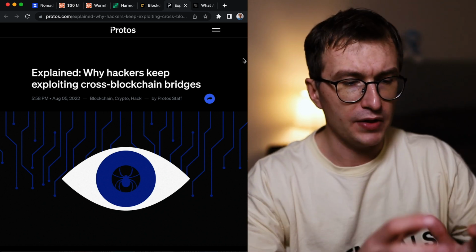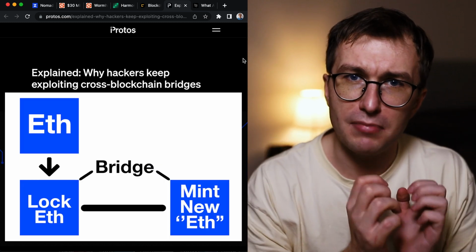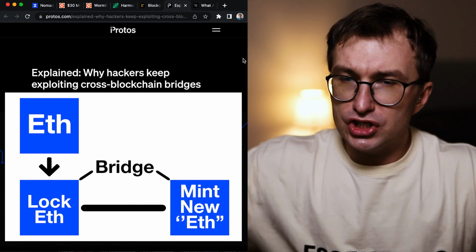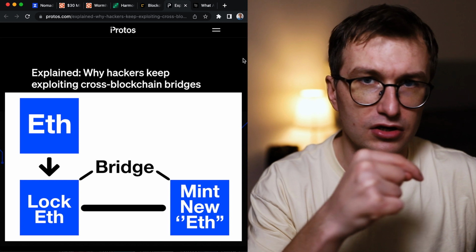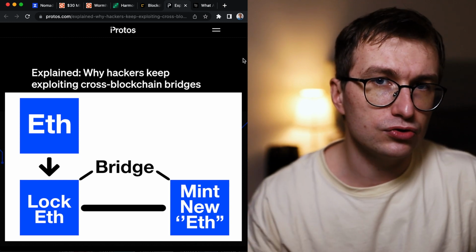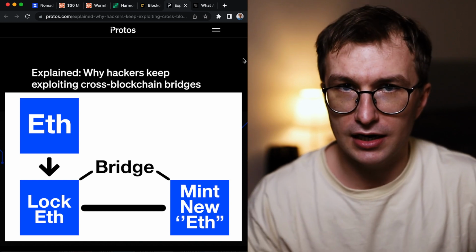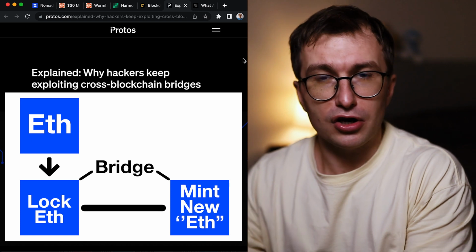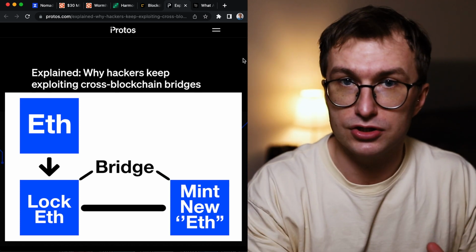What you have to do is take the Ethereum token and wrap it in the smart contract, so it's locked down, and the bridge issues you a new token. This is not the same token as on Ethereum. So the Ethereum that you use on Solana, Polygon, or Cosmos is not the same token as on Ethereum. It is the representation of the token that is locked on Ethereum in this bridge.